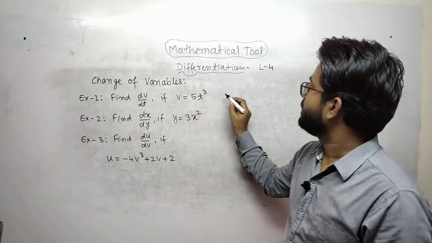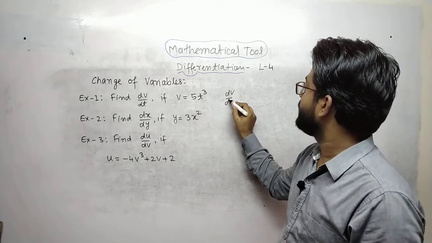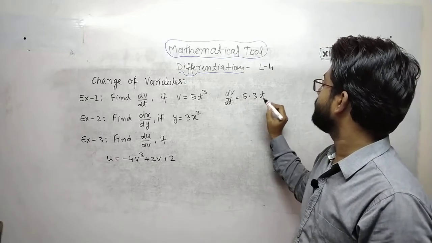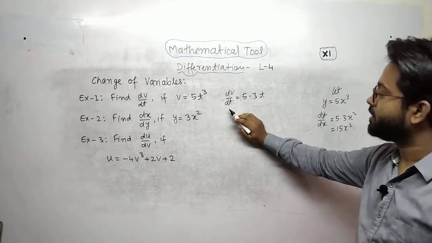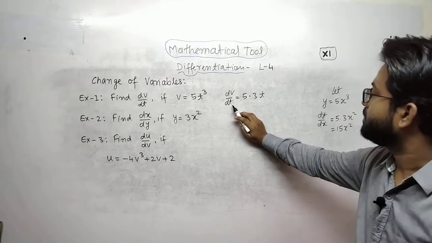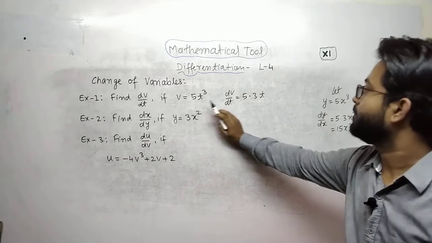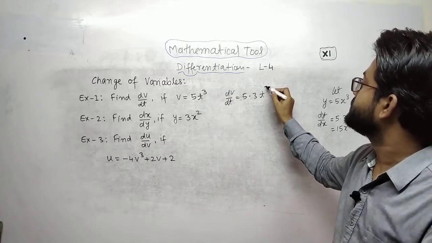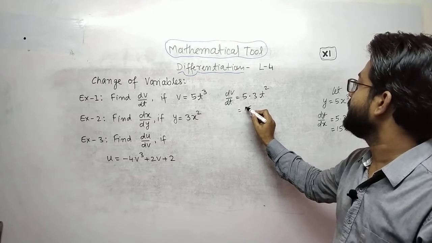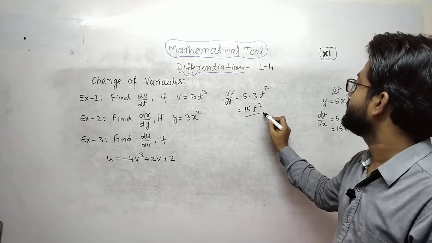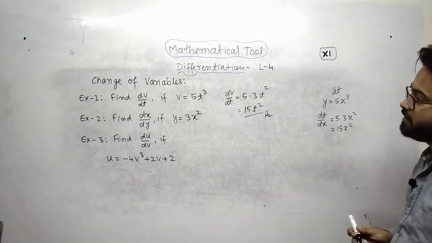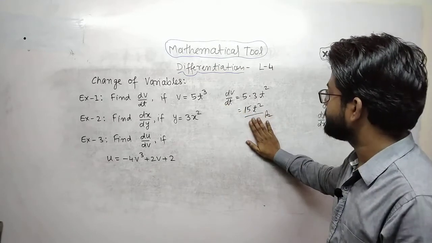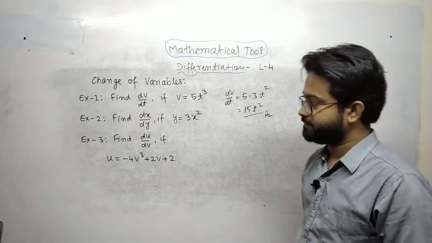Similarly here dv upon dt will be equal to 5 times 3t to the power, because we are differentiating with respect to t, that means the variable is t. 5 times 3t to the power 3 minus 1, means 2, means 15t square. This is the answer. Hope you are understanding. Okay, the answer is 15t square.